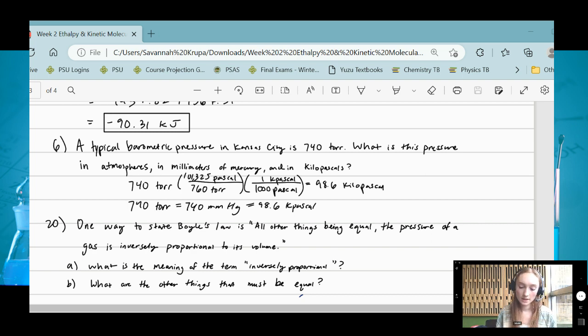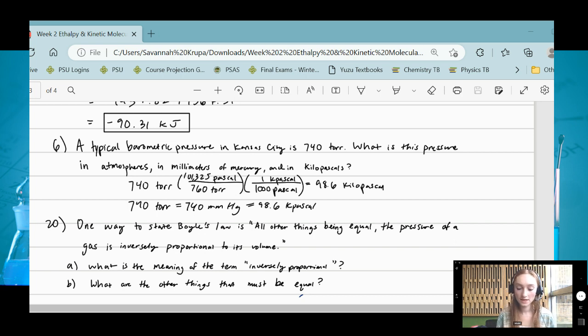We're keeping the number of molecules, N, and the volume, V, different, so those are the two things that are varying, and everything else is equal: the pressure, the constant R, and the temperature. Those are the things that are equal.